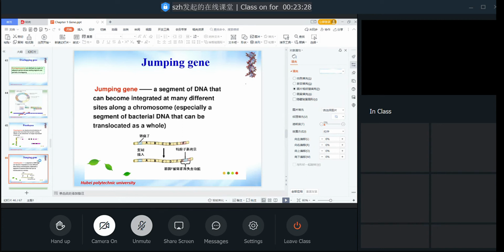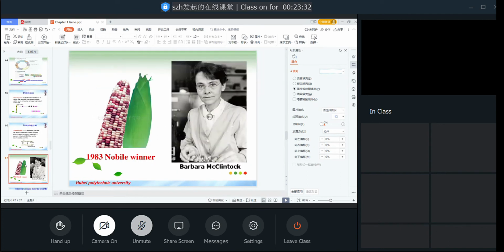Why like this? Let me introduce this lady, Barbara McClintock. She did scientific research focused on corn. You can see this figure.